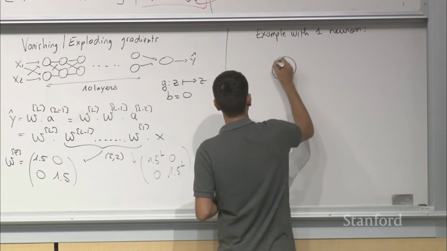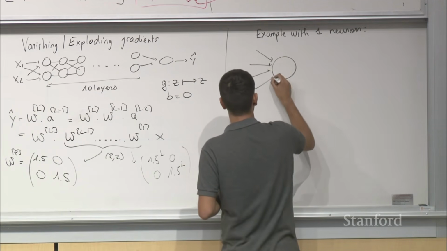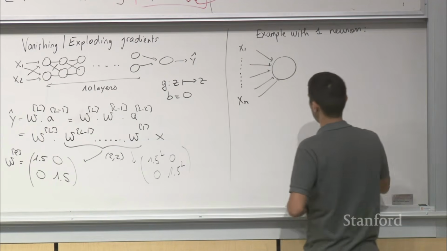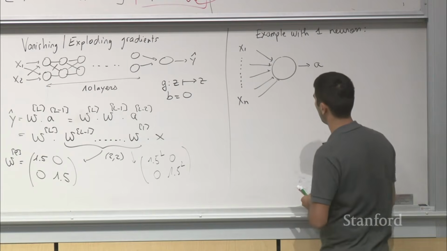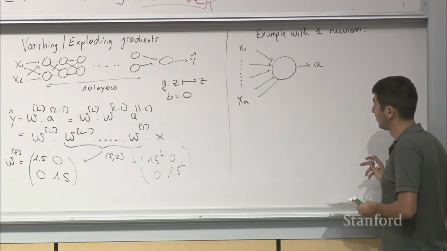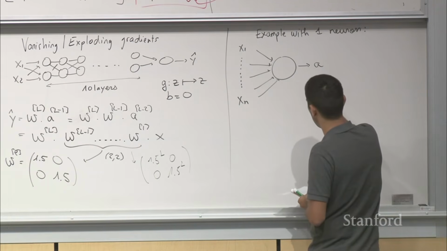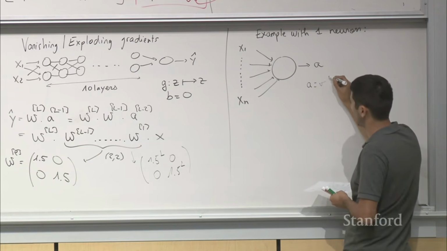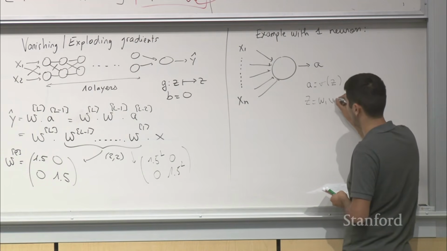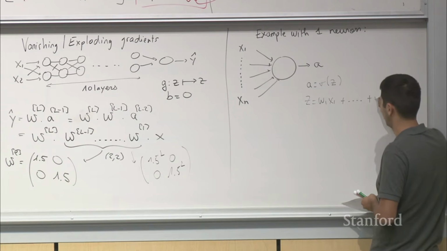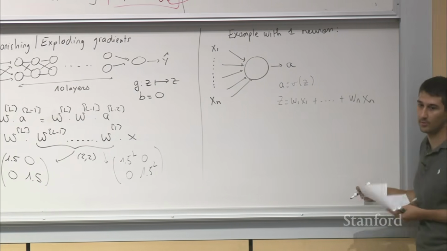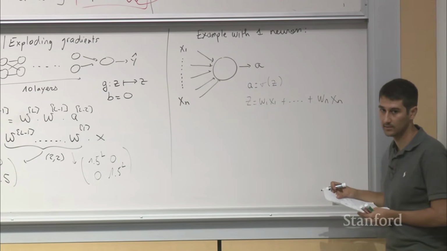If you consider this neuron here, which has a bunch of inputs and outputs an activation A, you know that the equation inside the neuron is A equals whatever function, let's say sigmoid of Z, and Z is equal to W1 x1 plus W2 x2 plus ... plus Wn xn. So it's a dot product between the W's and the X's.